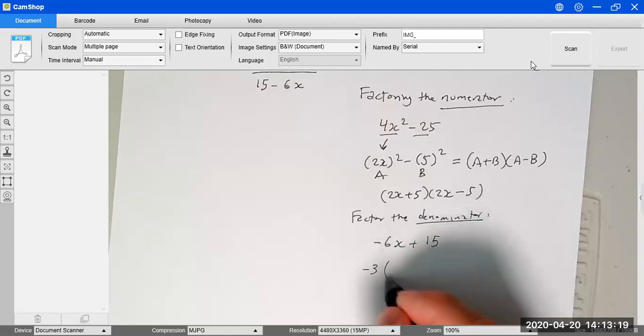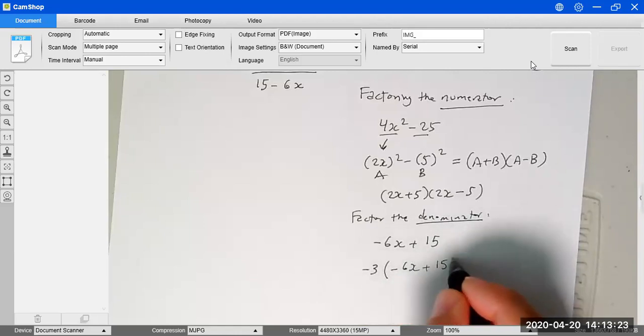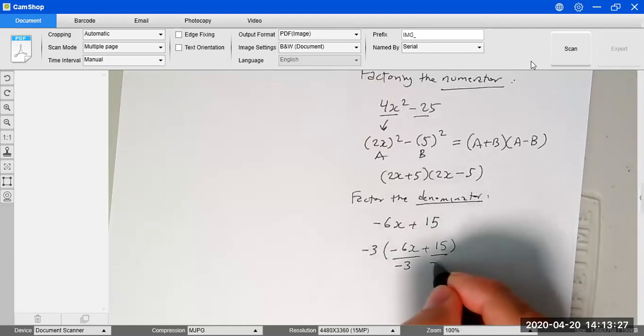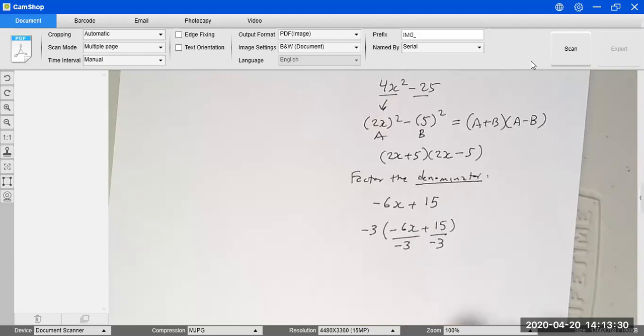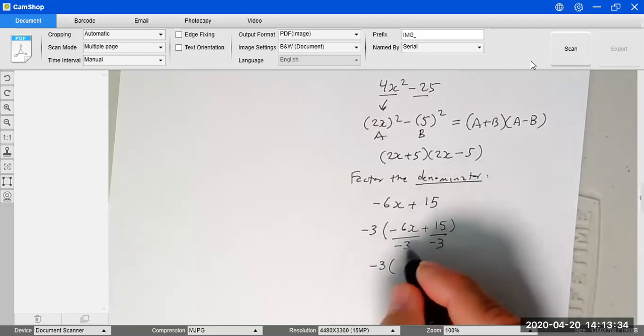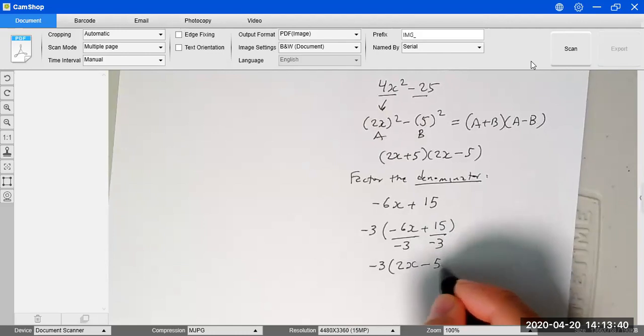So let's write the binomial. I'm going to divide the binomial by my greatest common factor. Negative 6x over negative 3 is positive 2x, and 15 over negative 3 is negative 5.